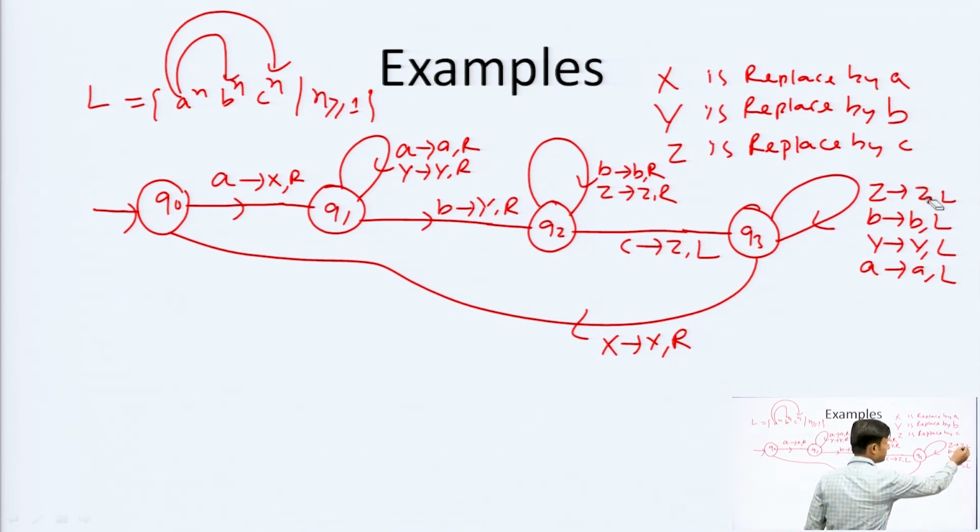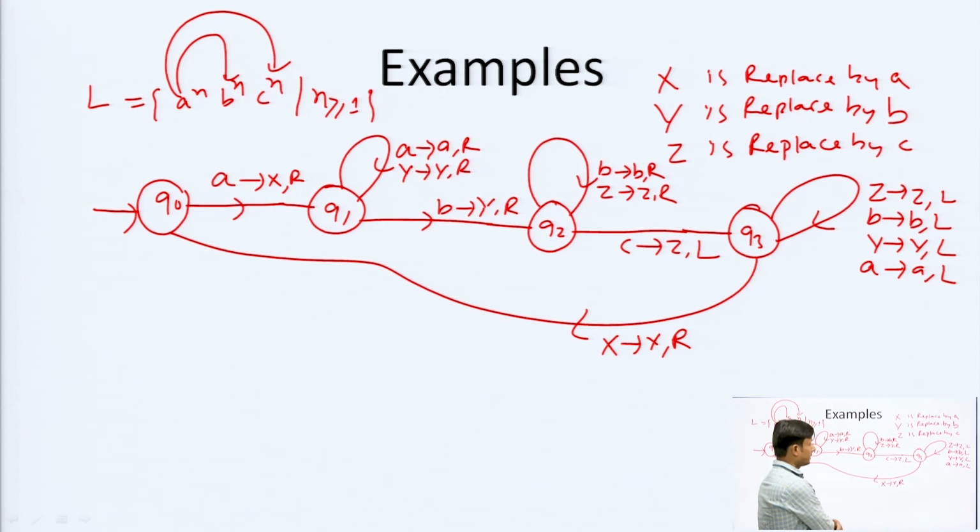When we come back to x, we will find z a, z a b y, z a b y. Also c will not be there, z will be there: z to z L, b to b L, y to y L, a to a L. When x is there, move in the right direction.